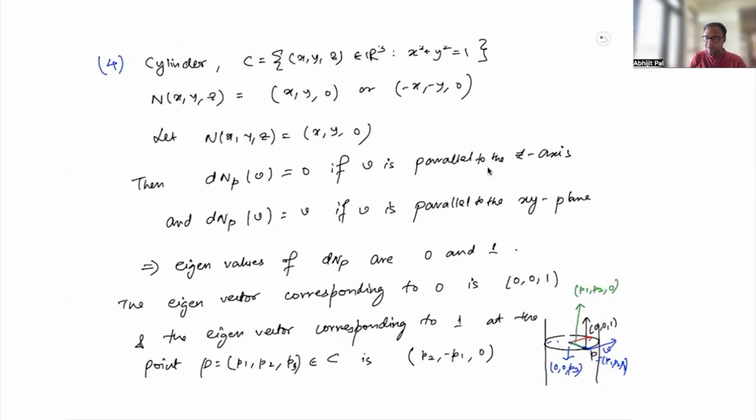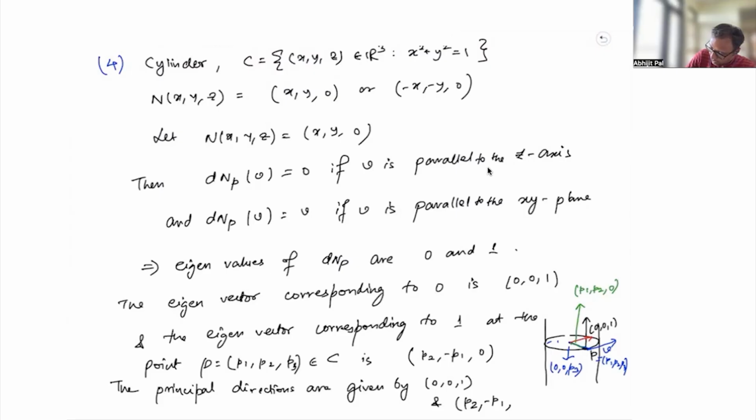So this B vector will in fact be (p2, -p1, 0). So the principal directions are given by (0, 0, 1) and (p2, -p1, 0) at the point (p1, p2, p3).